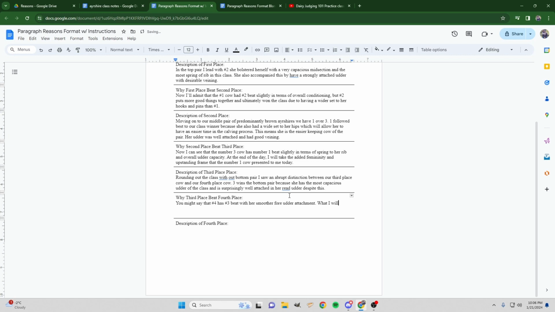What I will tell you is that number 3 is the better cow overall because she is stronger in her top line. She has a better, more even set from hooks to pins, and the better overall udder composition.